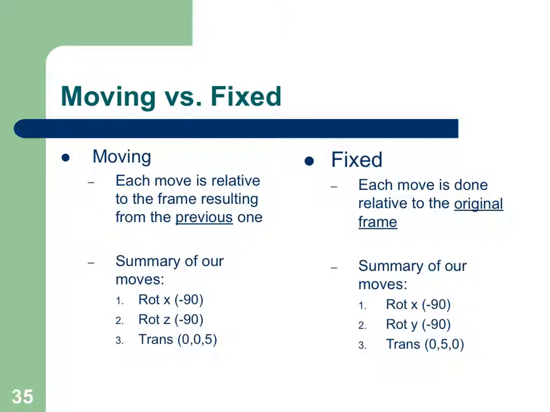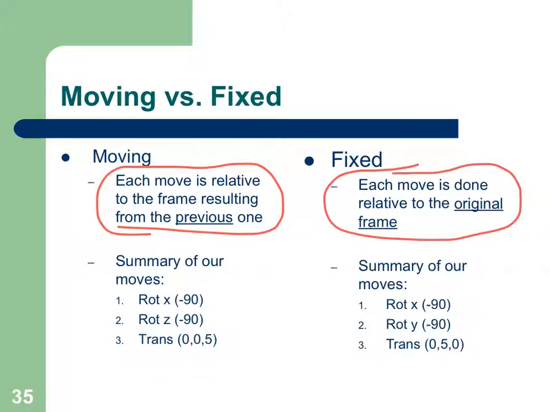So again, a lot of people mix these things up. It's really important to understand what's moving coordinates, what's fixed coordinates. In moving coordinate approach, each move is relative to the frame that resulted from the previous one. In the fixed approach, each move is done relative to the original frame, right?